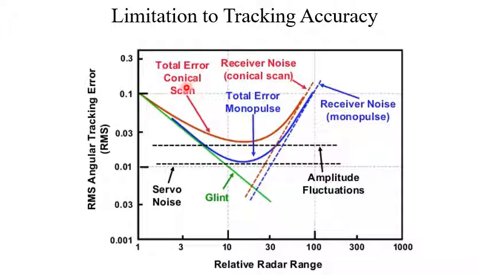Now if you consider the conical scan, the nature of the curve is almost identical, but the amount of error for conical scan is a little bit larger compared to the monopulse counterpart because of the amplitude fluctuations present for this type of sequential lobing or conical scan. So these are the limitations of tracking accuracy and corresponding errors.